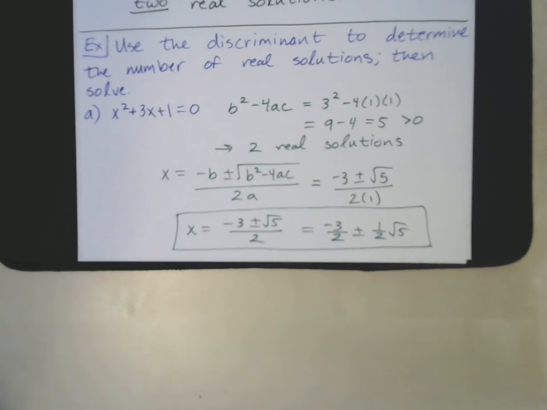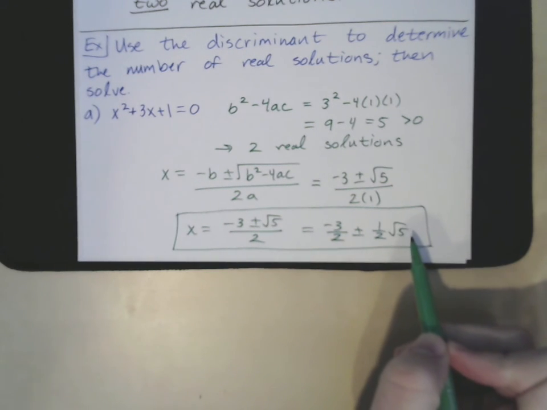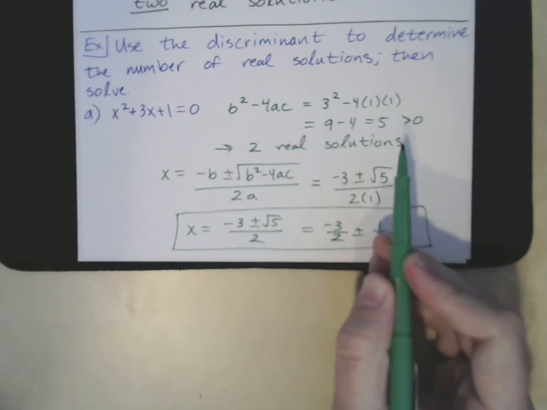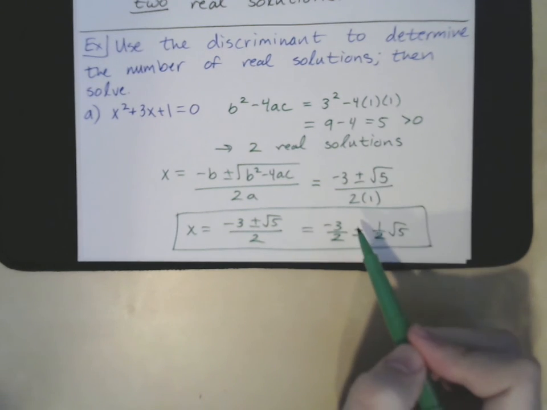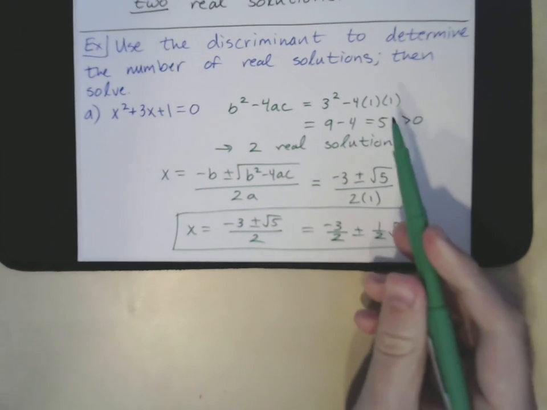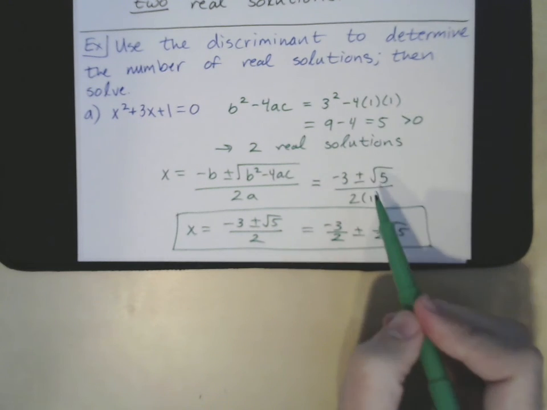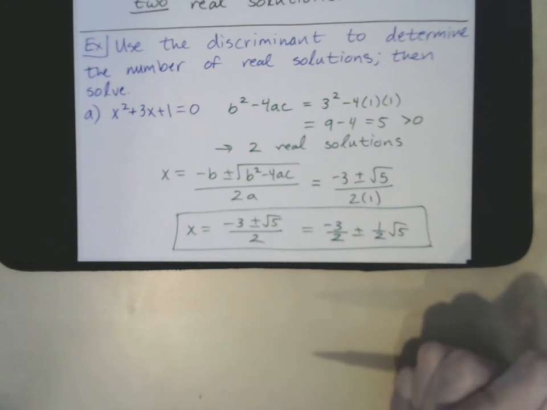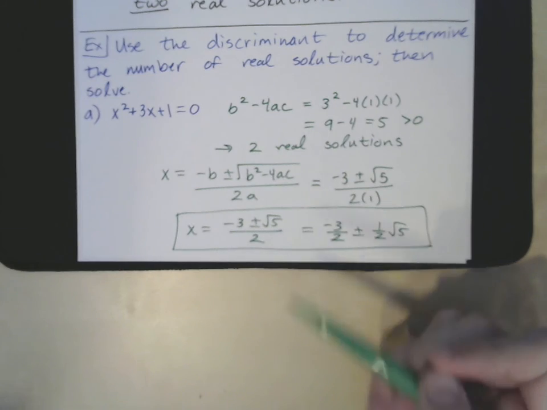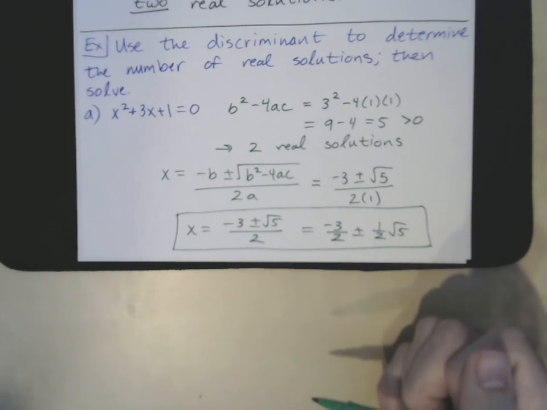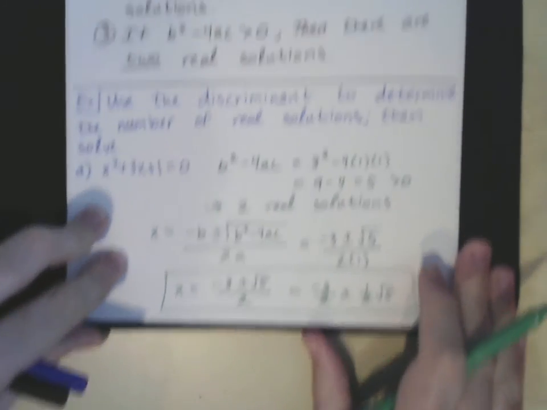Like I said, there's no downside to doing the discriminant calculation. It gives you a way to check your work. If you don't have two real solutions here, you know you did something wrong either up here or down here. But if you didn't do something wrong up here, it shortens the amount of work you do here, because you're already going to calculate that. So let's try another one.